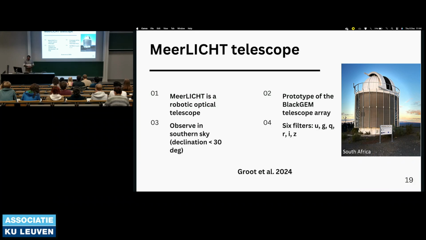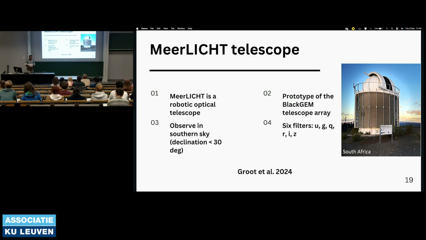To give you an idea, we took only objects with a number of observations above 40 data points. So that's how low it gets for the space data.